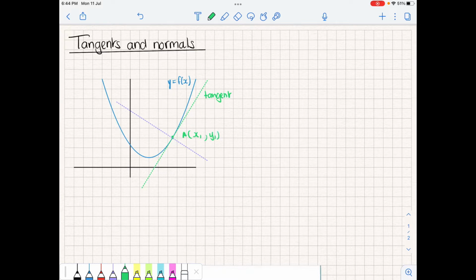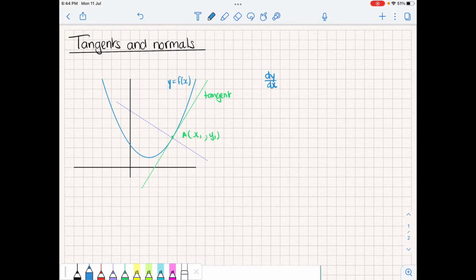So this can now work backwards for us. If I could find the gradient of a specific point on the curve, I could use it to then calculate the gradient for the tangent. In fact, they would be the same. So to find the gradient, I'd differentiate to find the gradient function, which is dy on dx.